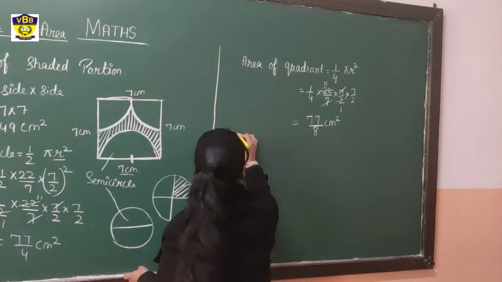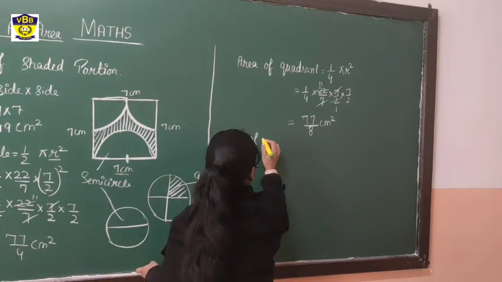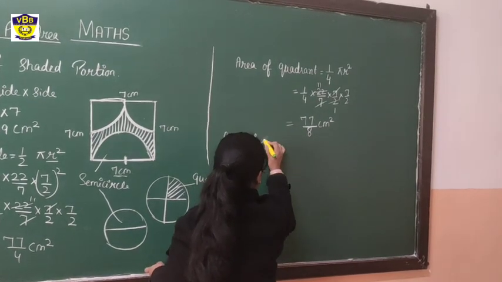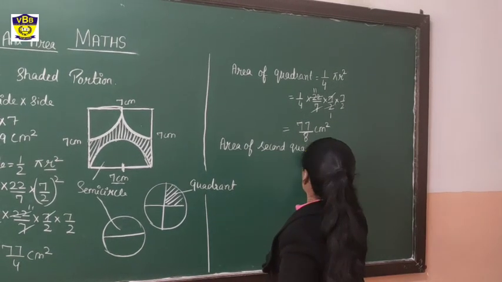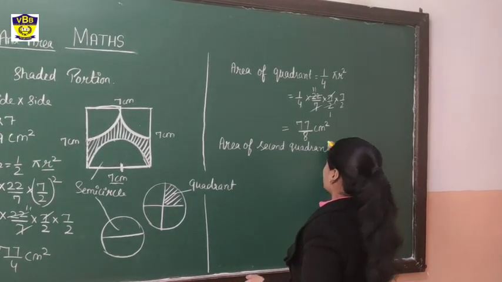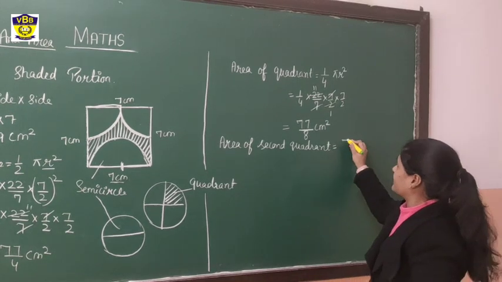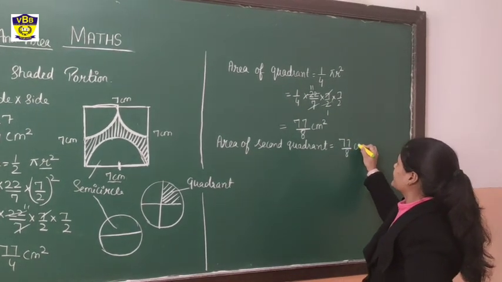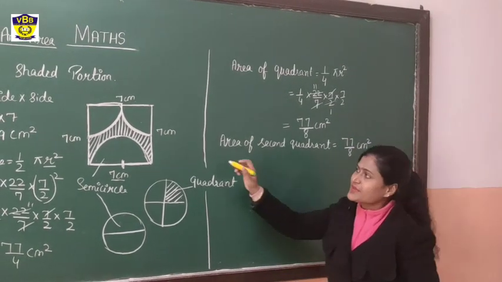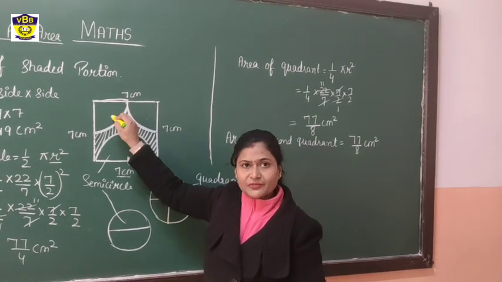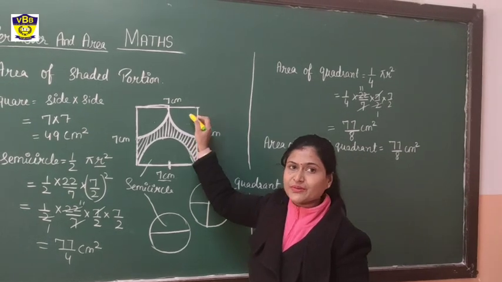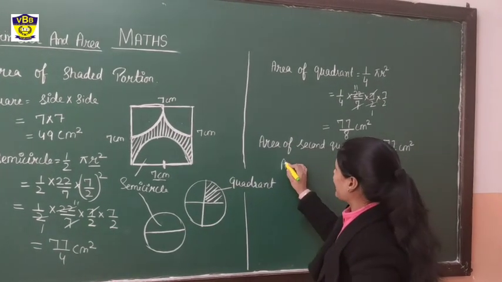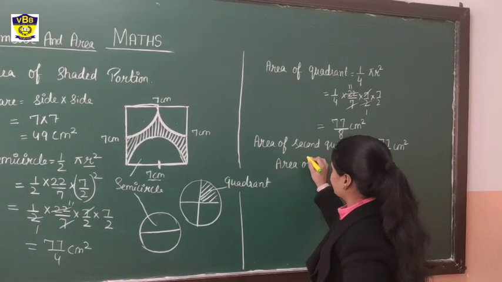Area of the second quadrant is similarly equal to 77/8 because all the dimensions are the same. So whatever the area of that quadrant, this is equal to that quadrant also. Okay, so the area of the shaded region.